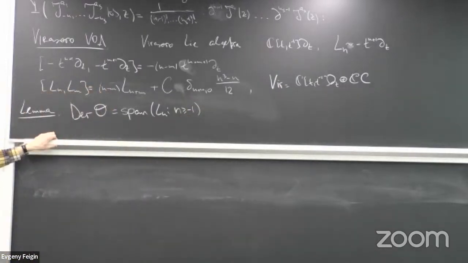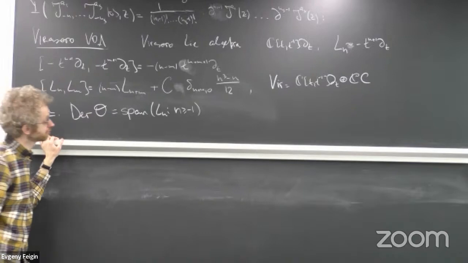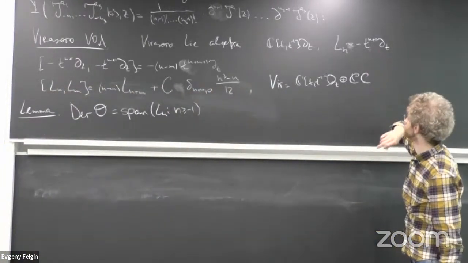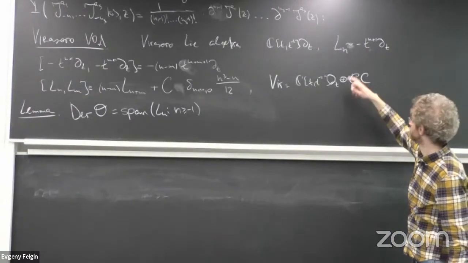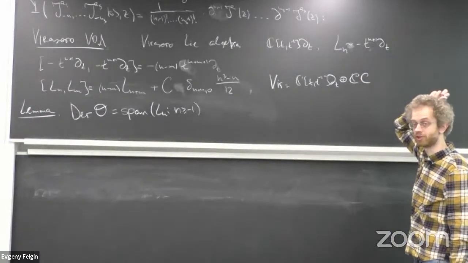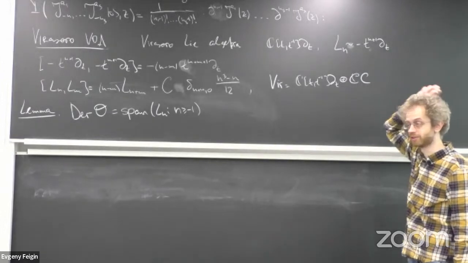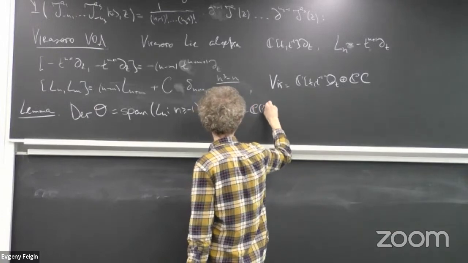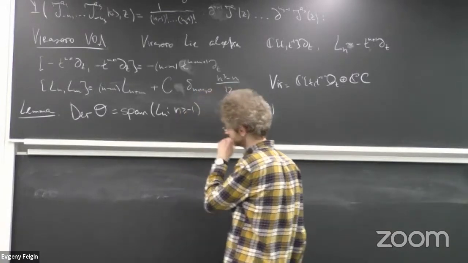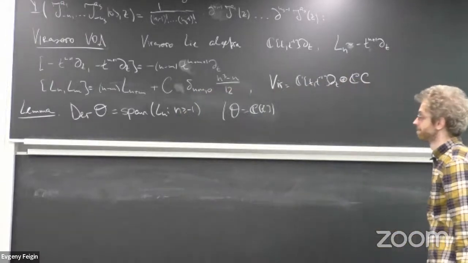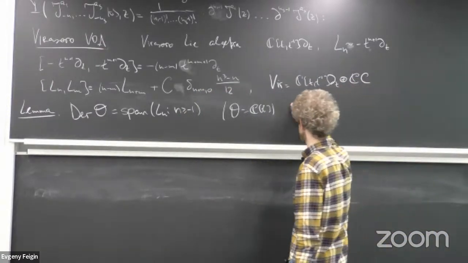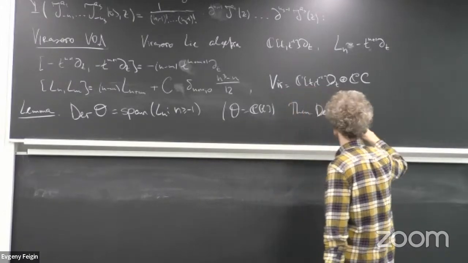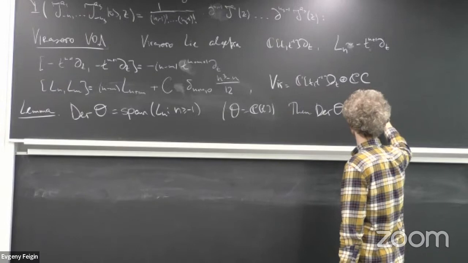We'll see in a minute what this means. If n is greater or equal than minus 1, then this power of t is non-negative, and therefore these can be seen as derivations of the polynomial ring. O here is the polynomial ring, and so the subspace is a subalgebra, a Lie subalgebra.